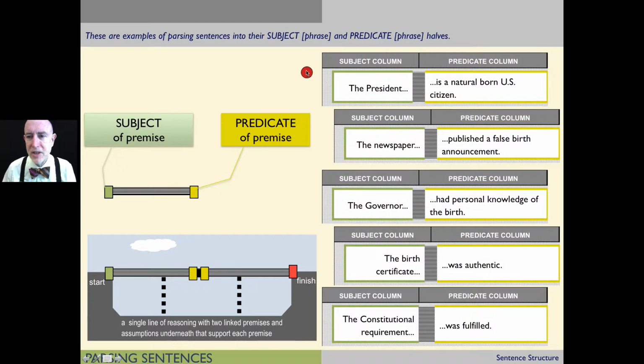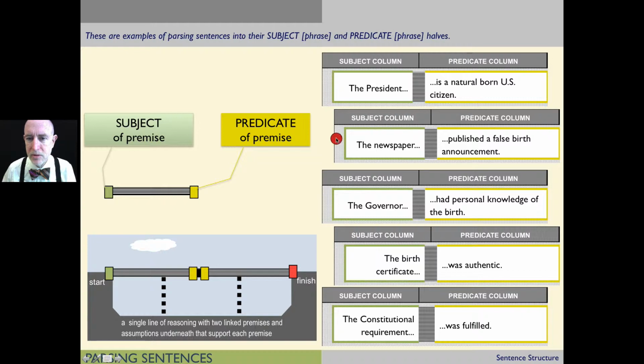So these are just some examples of parsing sentences into their subject phrase and their predicate phrase halves. Here we have, in the subject column, the president as the subject, and beginning with the verb, is a natural-born U.S. citizen. Here's our next example.